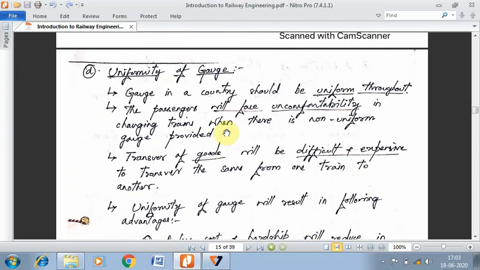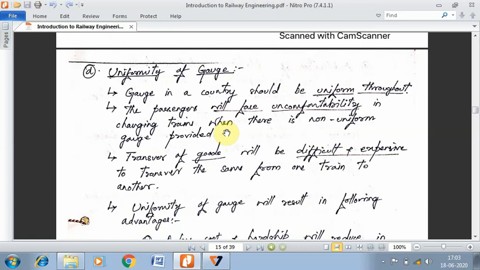Uniformity of gauge means, in some places you will have narrow gauge, say for example, or in some places you will have railway tracks which fall under meter gauge, and then all of a sudden you have a very high traffic corridor where broad gauge is provided.